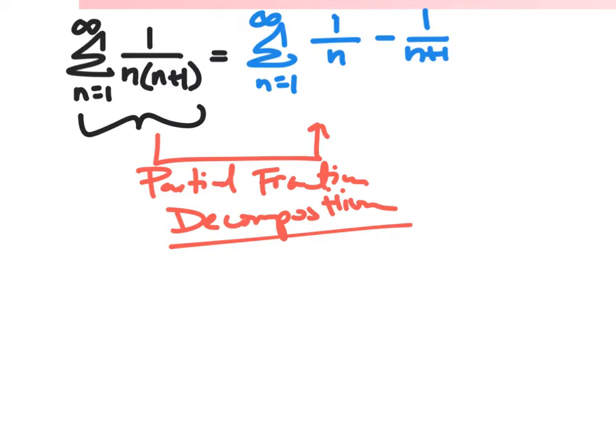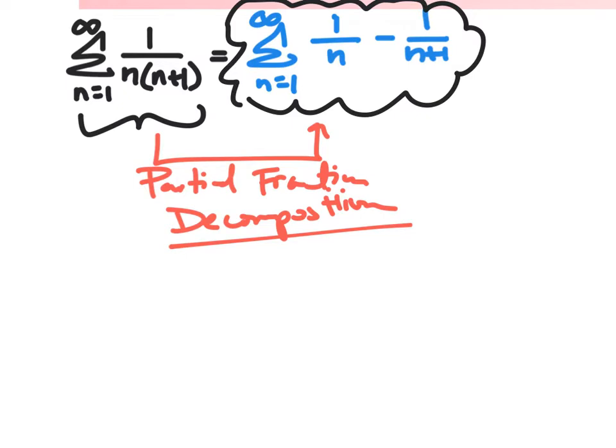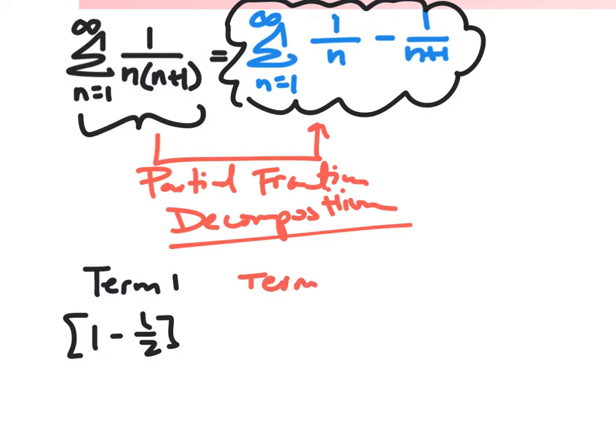I'm going to write out the first 4 terms of this series right here. First 4 terms. Term 1. When n equals 1, what do I get? I get 1 over 1, so I get 1 minus 1/2. Okay, there's term 1. Term 2. When n equals 2, I get 1/2 minus 1/3.